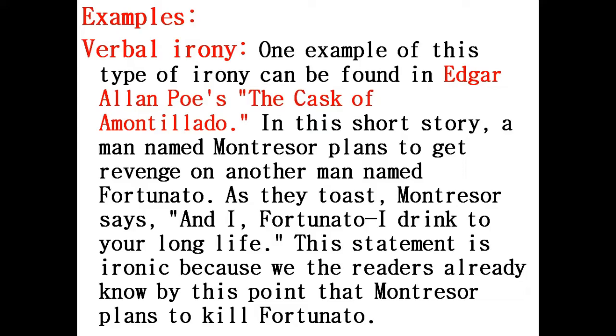This statement is ironic because we, the readers, already know by this point that Montresor plans to kill Fortunato. So he plans to kill him while he says in front of him, I drink to your long life. So this is the opposite of what he meant.